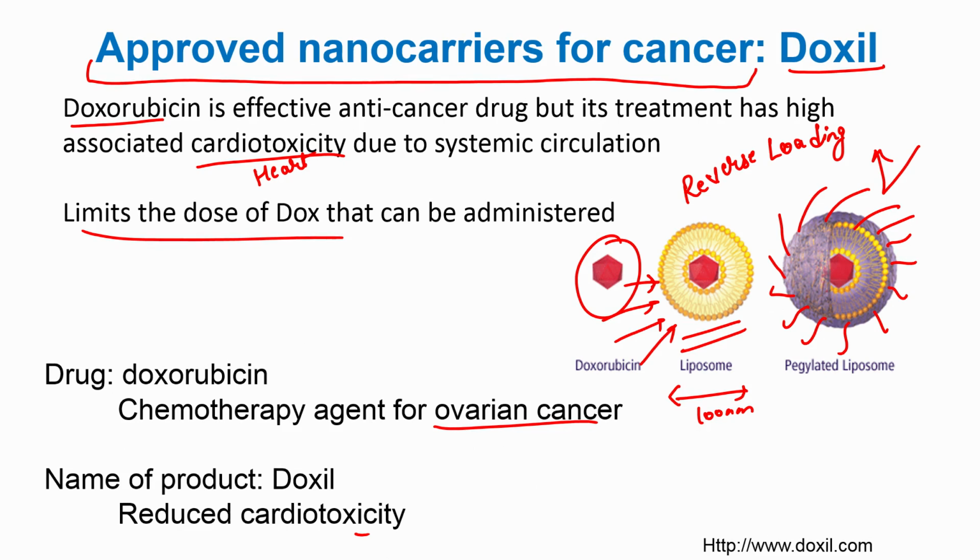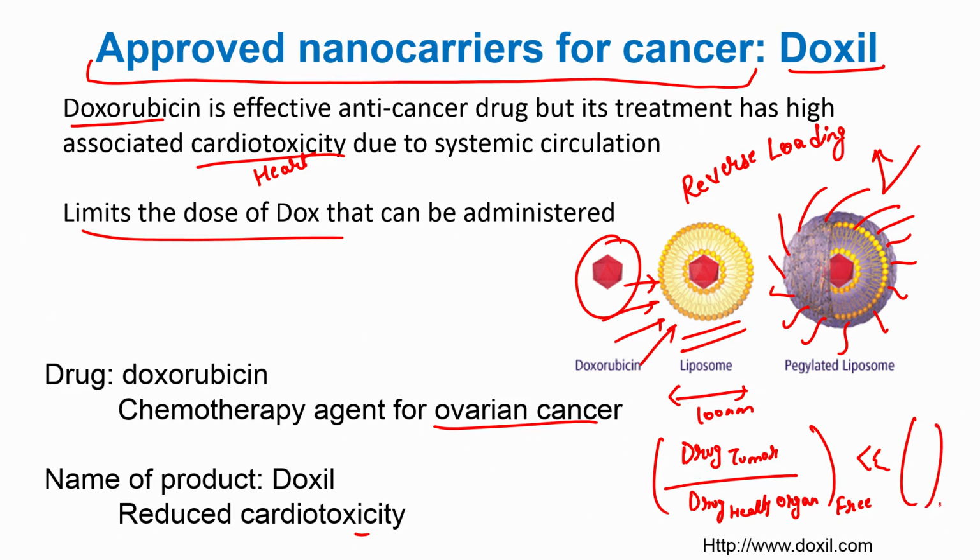Effectively, let us say you had a ratio of drug in tumor versus the drug in healthy tissue, that for your free drug was much less than for your Doxil, and because of that this therapy took off and was used in the clinics, and is still used in the clinics.